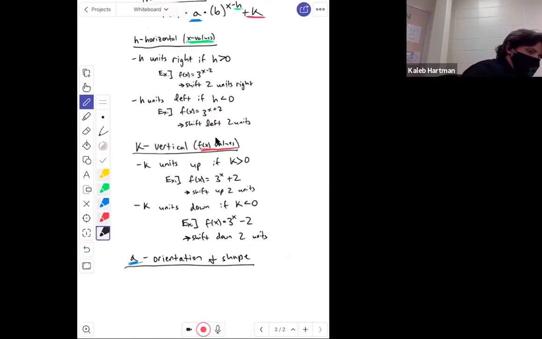And we'll see an example of that here in just a few minutes. So a couple of notes about A. If A is less than 0, the graph reflects about the x-axis.